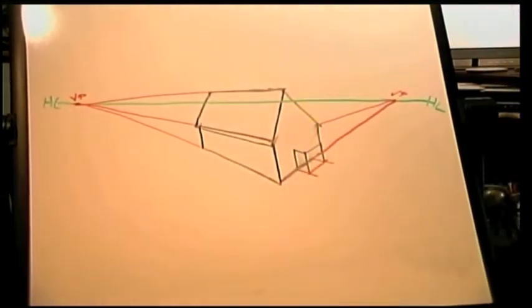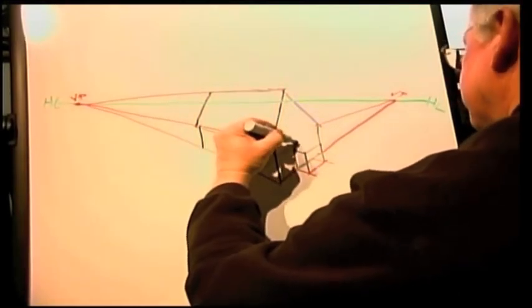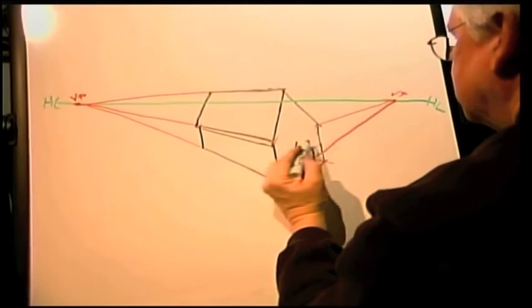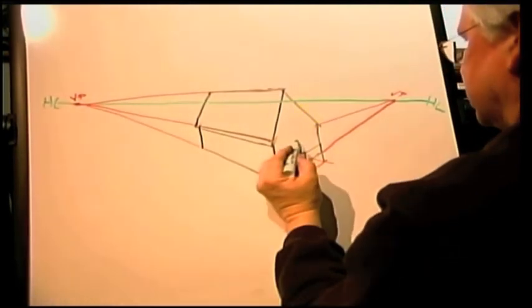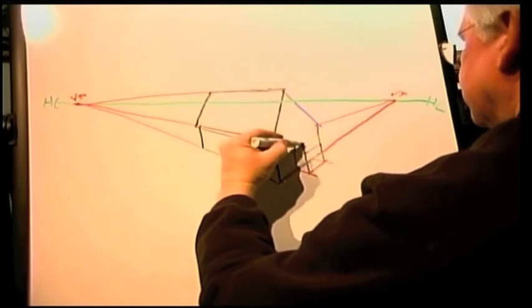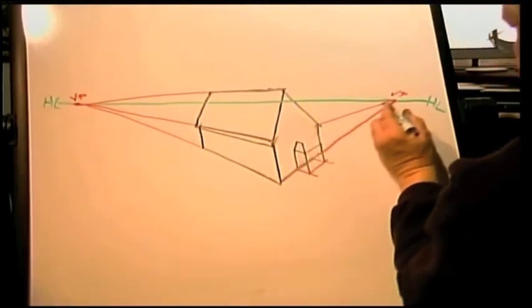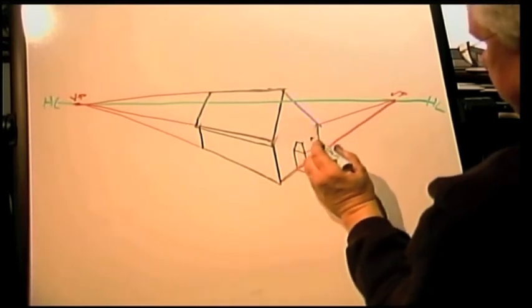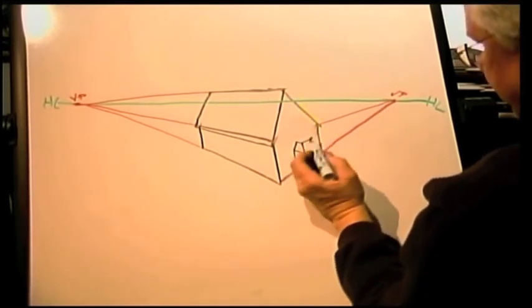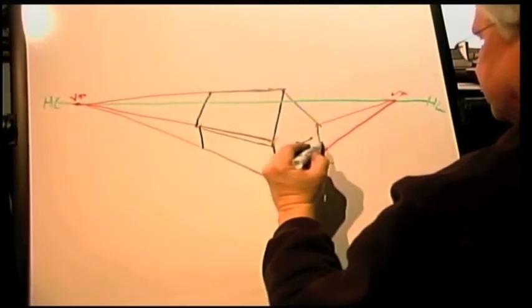So there's the base. Now I want this to angle up a little bit, so I'm going to angle it up. I need to come out a little bit to give it an edge, and then go up. I'm going to follow the vanishing point the other way to make the top edge of that, and do the same thing over here.